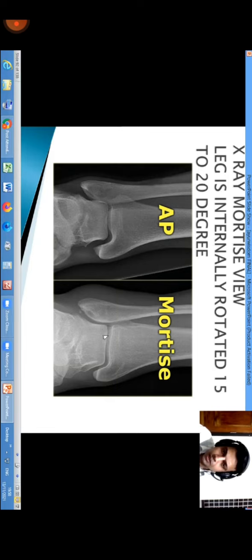So we can visualize the dome of the talus and the lateral malleolus and medial malleolus very clearly. In AP view, there will be overlapping of the bones. So we should take a mortise view if we are suspecting a lateral malleolus injury or medial malleolus injury or pilon fracture.